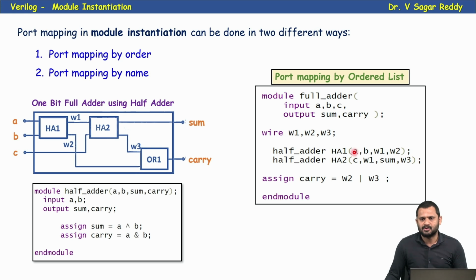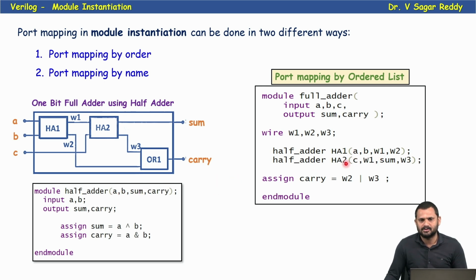So this a is connected to the a of this first half adder, and this b is connected to the input b of half adder 1, and this sum is connected to the w1. This w1 is nothing but the sum of this half adder. The carry is connected to the w2, like that. So I'll use the same order. Now a is input, b is input, same way, and sum is output.